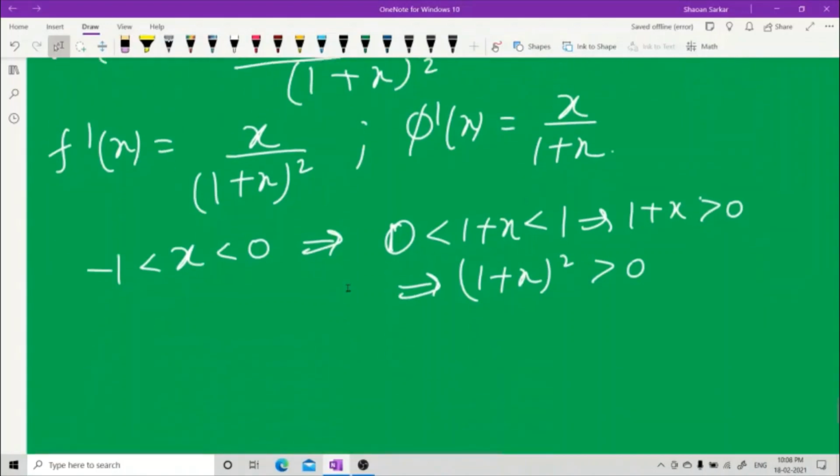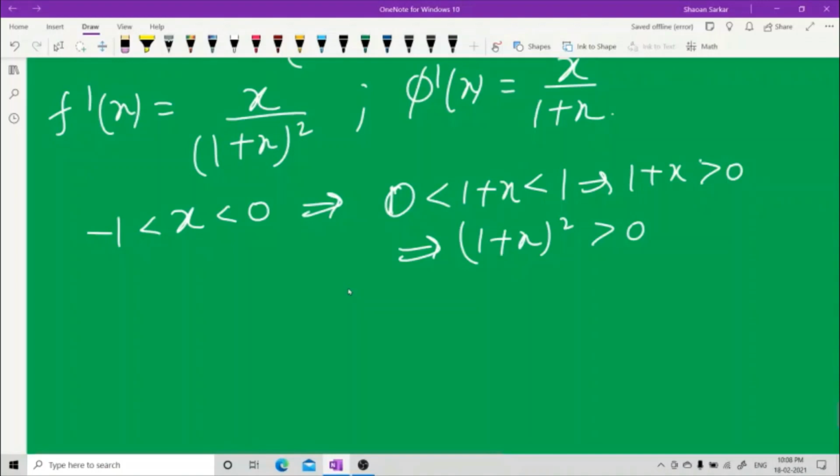Now see one thing. As x is in between minus 1 and 0, the numerator is negative and the denominator is positive. Here also the numerator is negative and the denominator is positive. So in both the functions, f dash x and phi dash x, the denominator is positive and the numerator is negative.